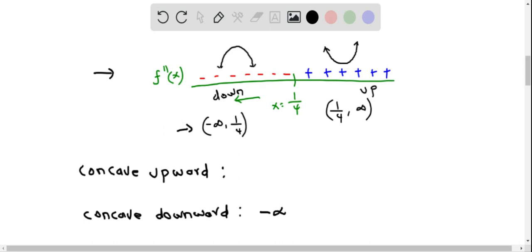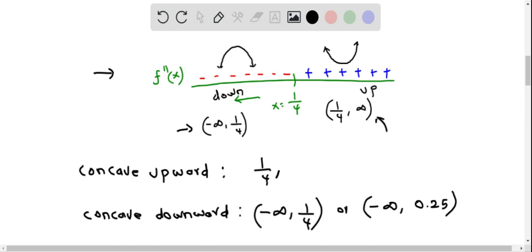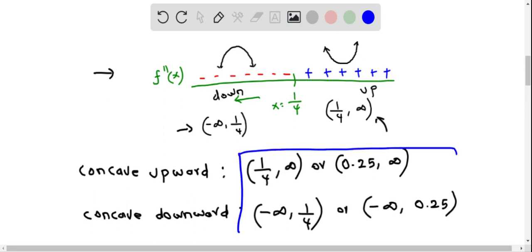So I write down negative infinity to 1/4, or in decimal notation, negative infinity to 0.25, it is concave downward, and in the interval 1/4 to infinity, or in decimal 0.25 to infinity, it is concave upward. So these are the intervals of concave upward and concave downward.